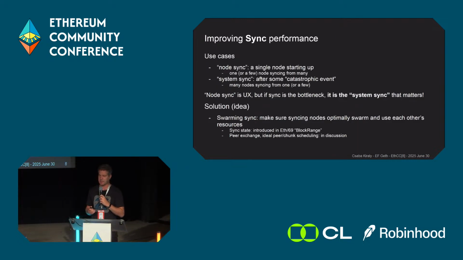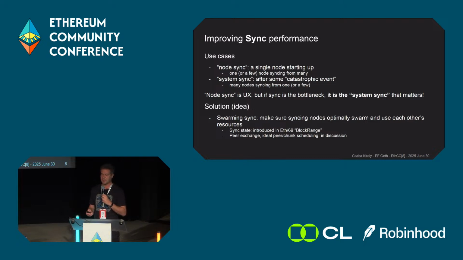So this is dial. Then there is sync. Syncing means syncing state, syncing the block history. But the important thing about sync is that there are two different use cases. Sync when you are just one node starting up, and that's what I call node sync. And then there is sync because of some external catastrophic event, and everyone is syncing.